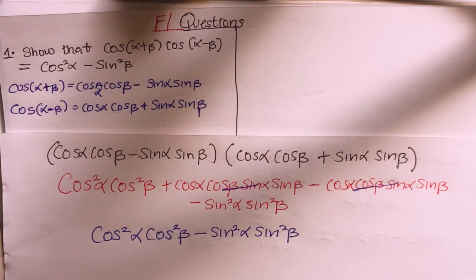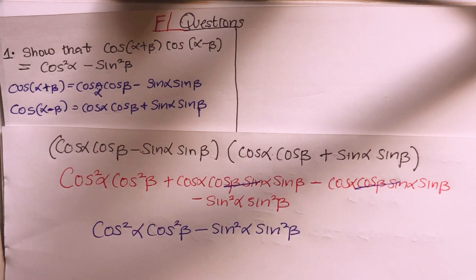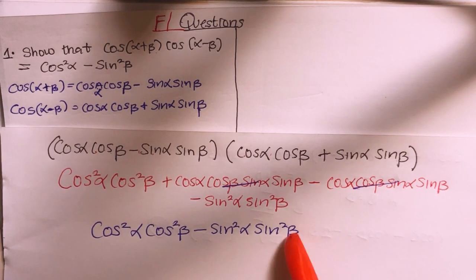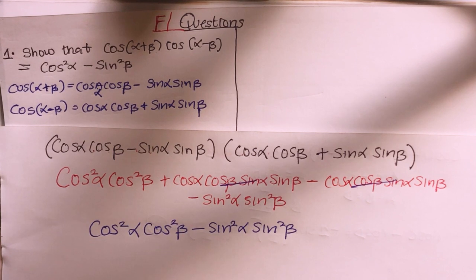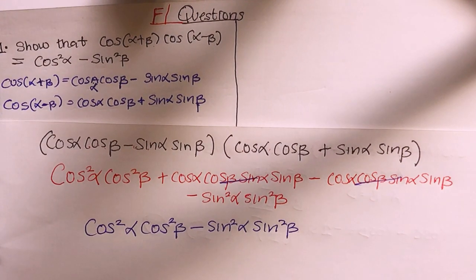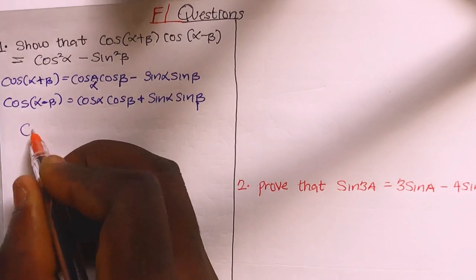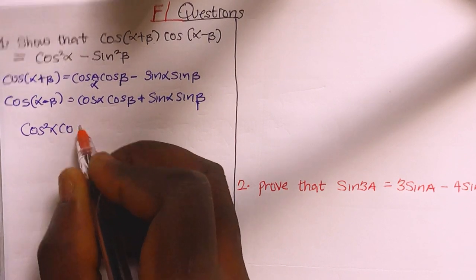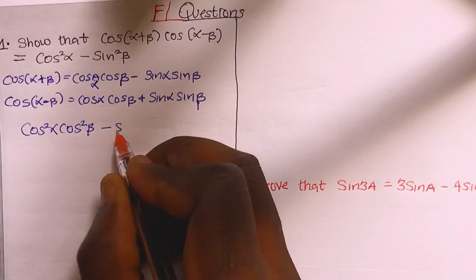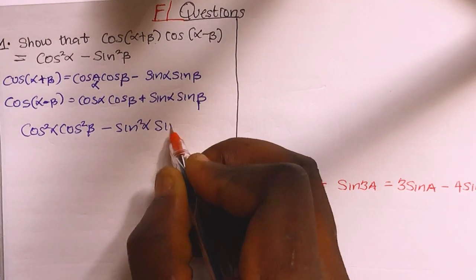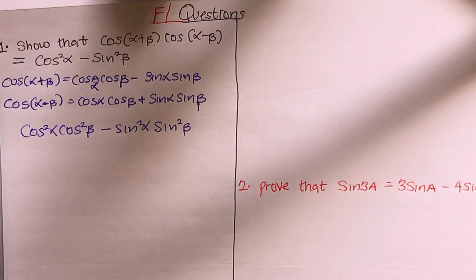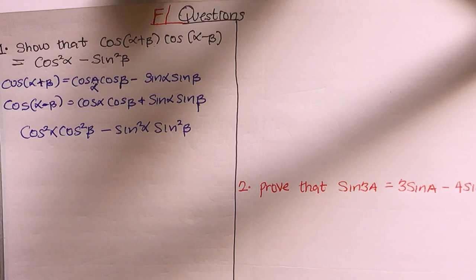And how can I prove it? I'm having cos square alpha here, sine square alpha here, sine square beta here, cos square beta here. Then what can I recall? I can go ahead and recall my basic identity on this.